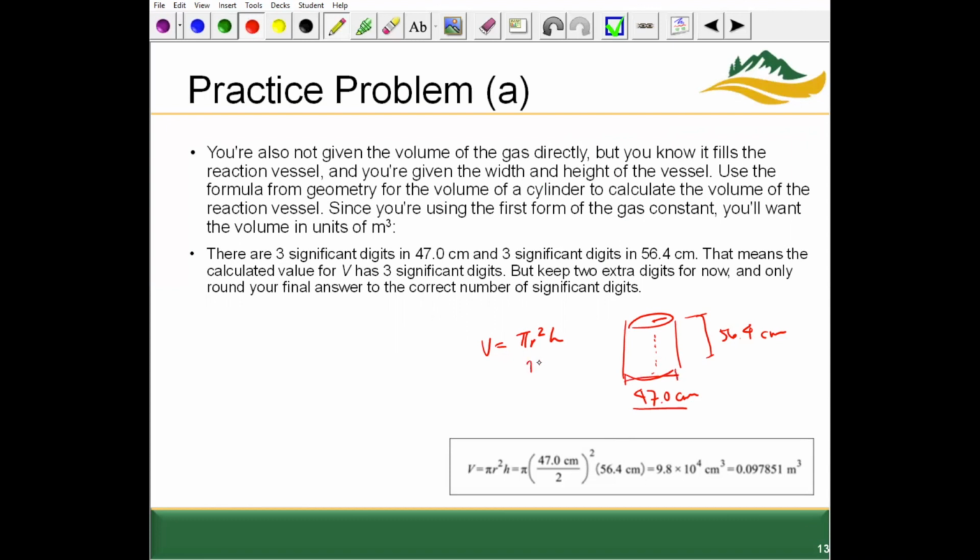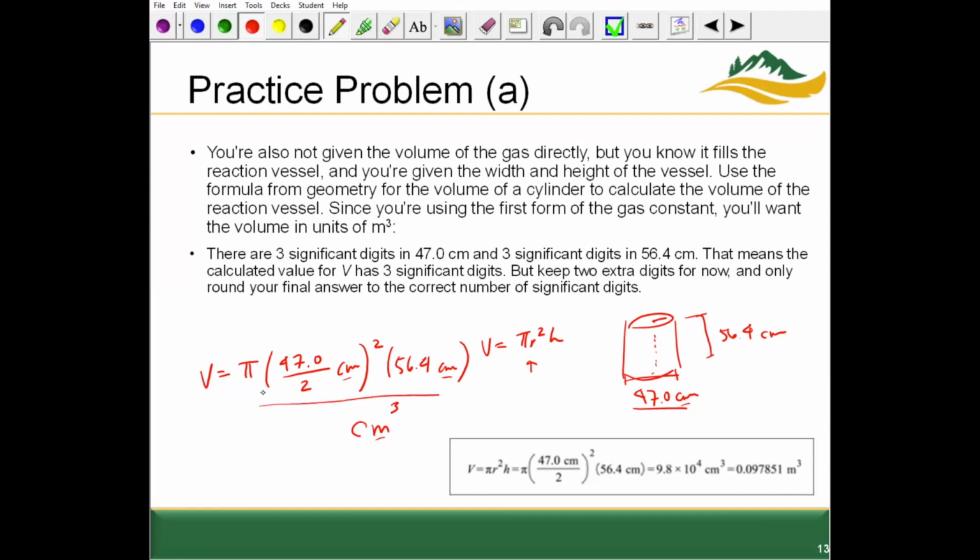So our radius would be 47.0 centimeters in half. Then the whole radius term is squared. Then the height of that cylinder is 56.4 centimeters. Seeing if all the units work out, we will square centimeters, then times another centimeter term. So that does check out that for our volume, we want it to be in a unit of length cubed, so centimeters cubed.